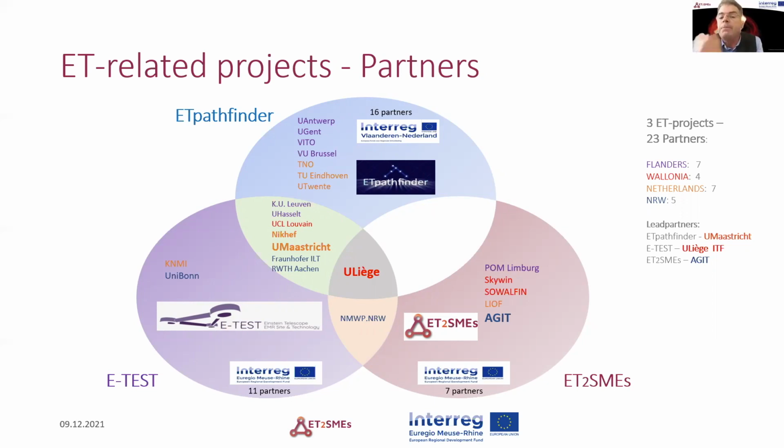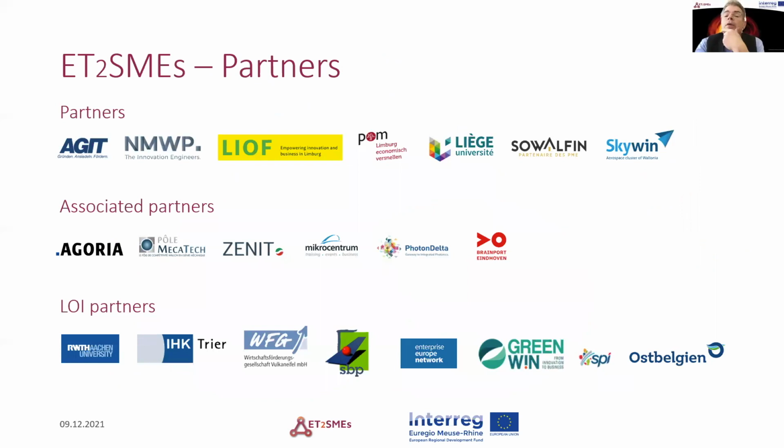The next one. Looking at our project ET2SMEs, in the first row you see our partnership across this Euregio Meuse-Rhine region, but we are very pleased to be supported also by various associated partners from the enlarged region of Belgium, the Netherlands, and North Rhine-Westphalia, and also we have various partners supporting us with a letter of intent.